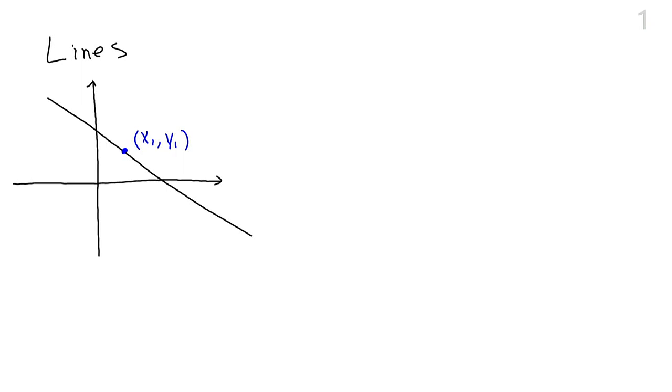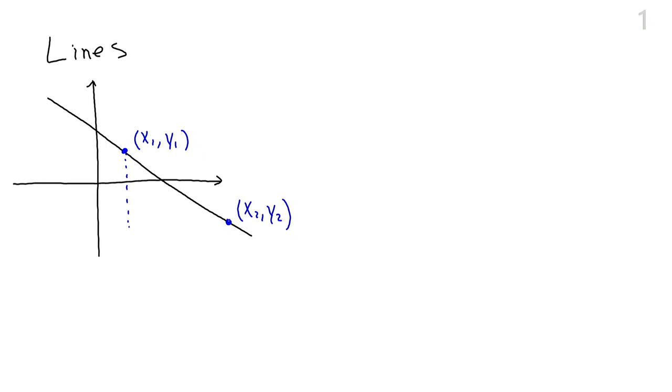So a line graphed in a Cartesian coordinate set looks like this, and it is enough to know 2 points on a line to graph the line through it. So for example, if we know our line goes through the points x1, y1, and we know that it goes through the points x2, y2, we can figure out the equation of the line completely.